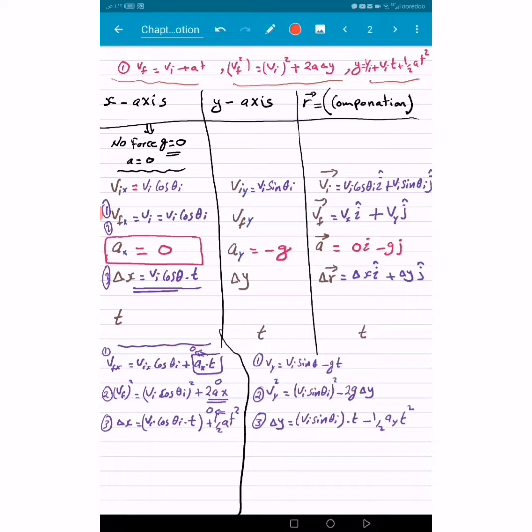So now I want to apply the 3 important kinematic equations that I used in free falling, in x and y, and in component form.